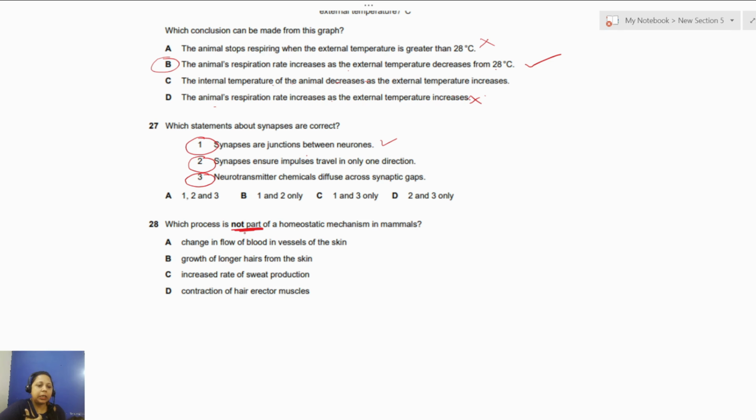What is not a part of a homeostatic mechanism? Homeostasis is to maintain the internal environment. Like the example of shivering: when the temperature is low, your body starts shivering to increase the temperature of your body. That is homeostasis. Or in summers when the temperature is really high, sweating is one of the mechanisms which cools down your body.